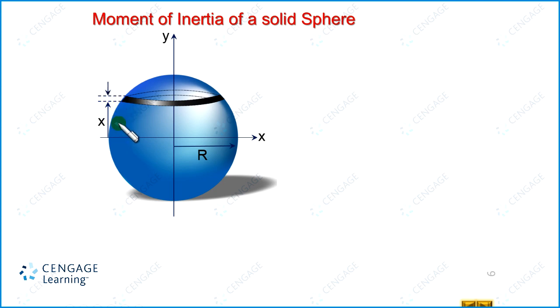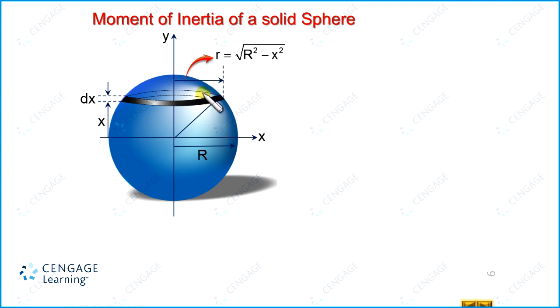This is dx. Okay. The radius of this disc equal to this distance joining the center of this disc to this point. This is the radius, and we can find the value of the radius by using the Pythagoras property, because this distance is capital R and this distance equal to small x, and this radius should be equal to under root R square minus x square. So we got the radius.